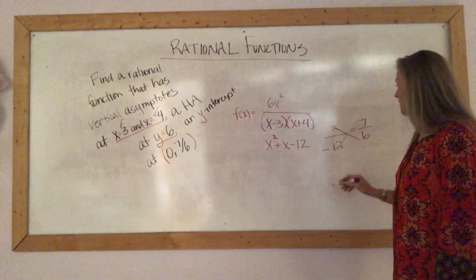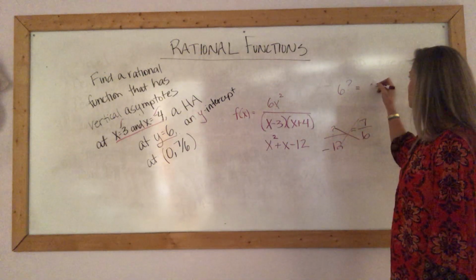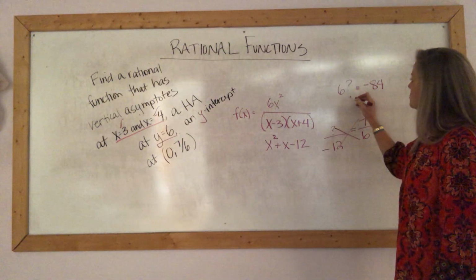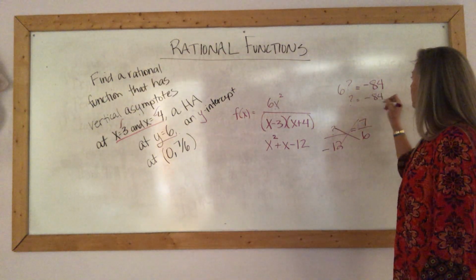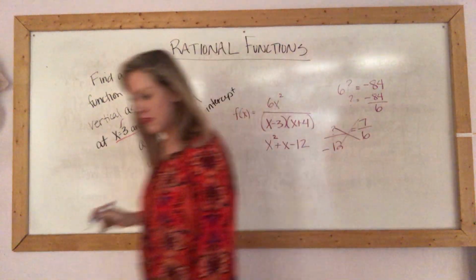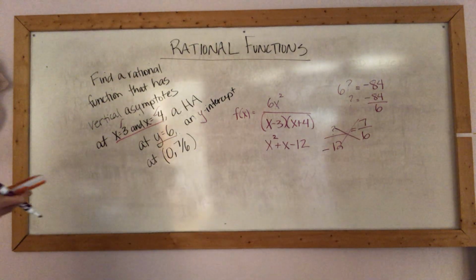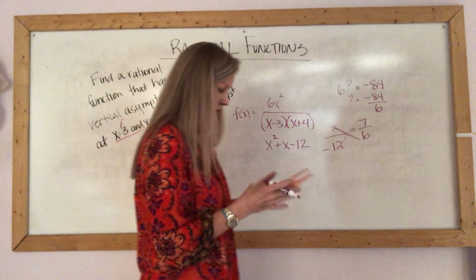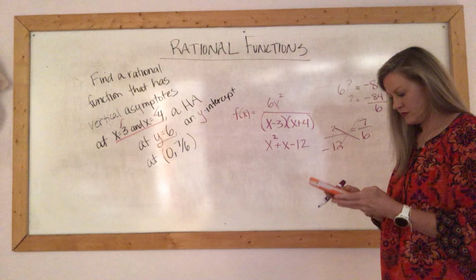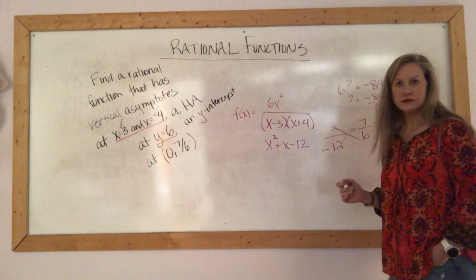So I could cross multiply, and that would give me 6 times question mark equals -84. 7 times 12 is 84.